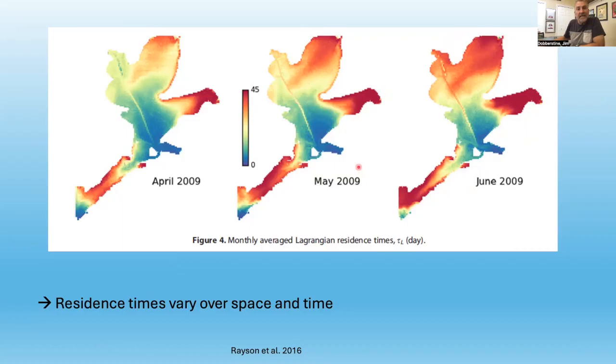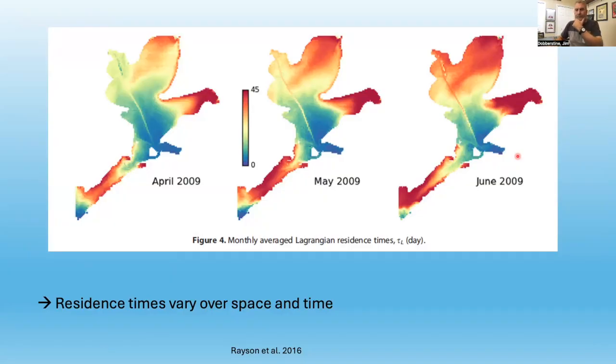Now you can see in the middle part of the bay here, we still maintain relatively low residence times because of the freshwater flows that are finding their way here, plus the exchange, which is fairly significant through Bolivar Roads where the Houston Ship Channel is. So it's not uniform across the bay as a whole. And we're going to touch back on this because there are some additional impacts to that.